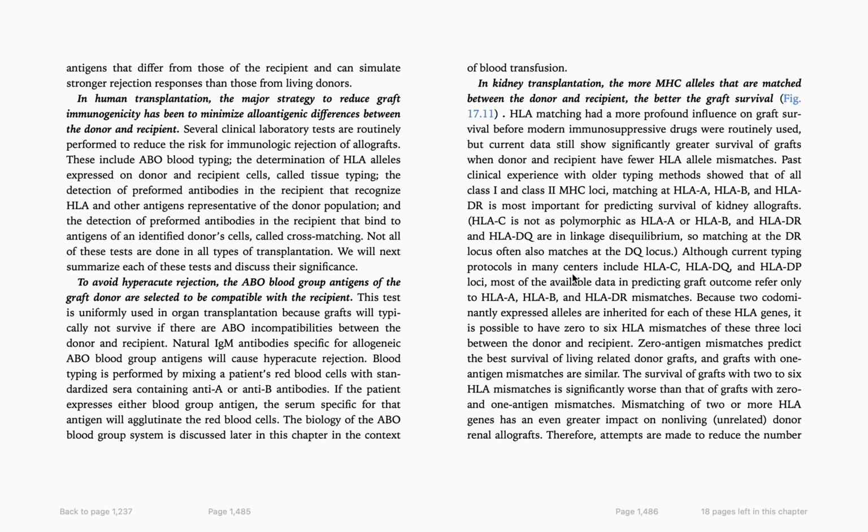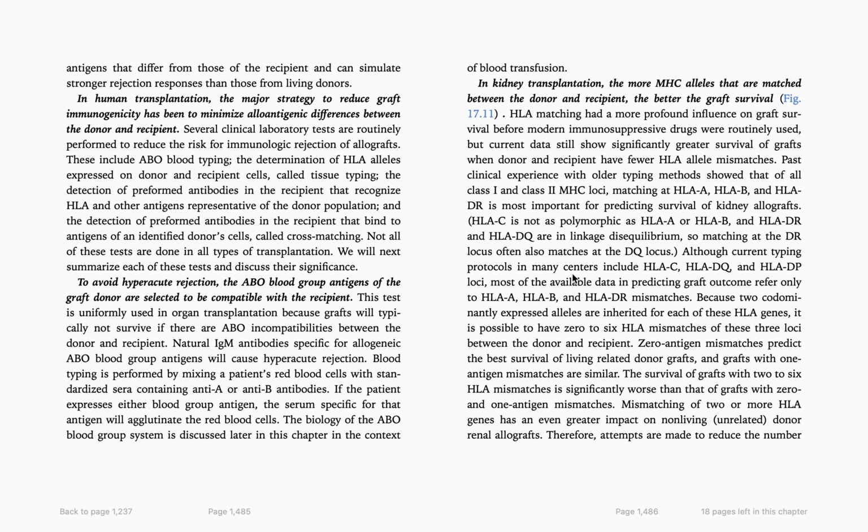In human transplantation, the major strategy to reduce graft immunogenicity has been to minimize alloantigenic differences between the donor and recipients. Several clinical laboratory tests are routinely performed to reduce the risk of immunological rejection of allografts.